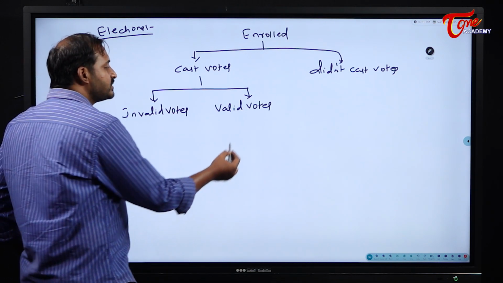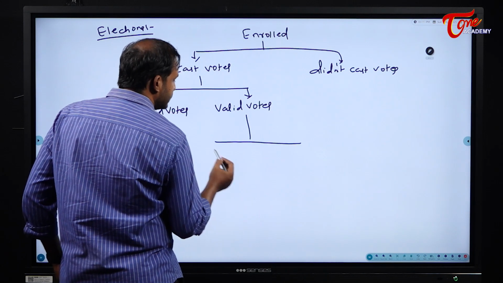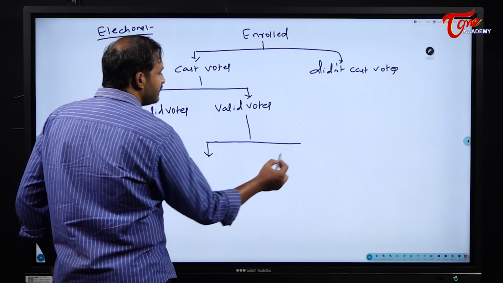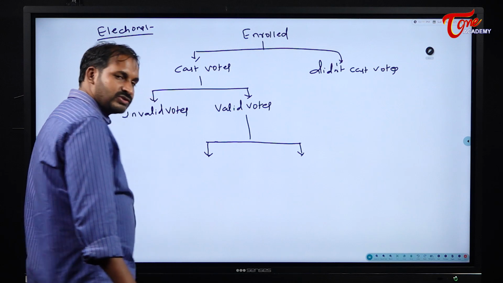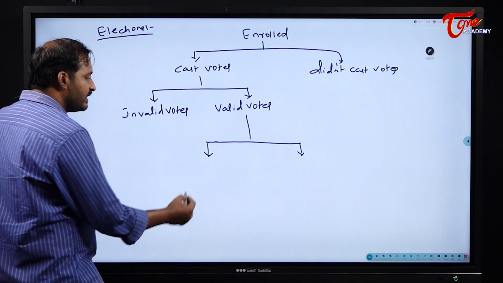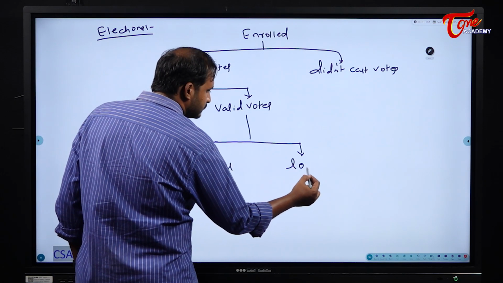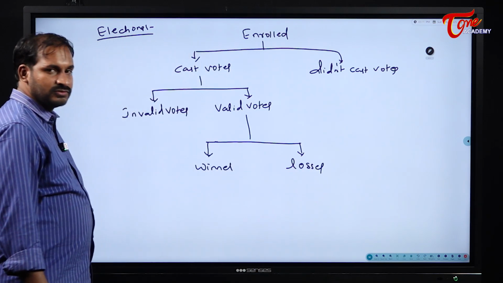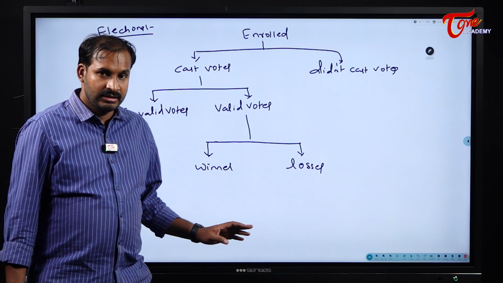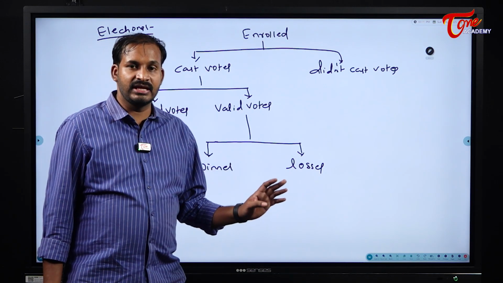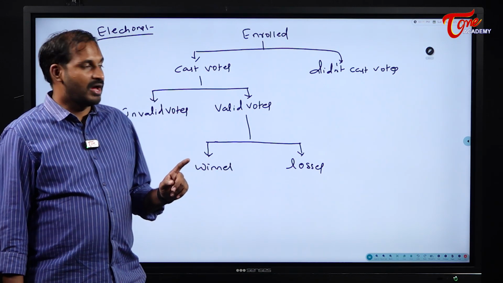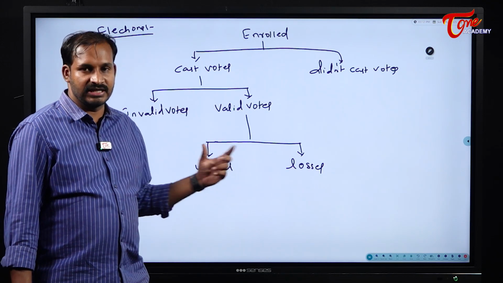From these valid votes we will have only two candidates. Usually in our concept they will give questions based on two persons only. One will be the winner and the other one will be the loser. The winner and the loser will share the casted valid votes only.